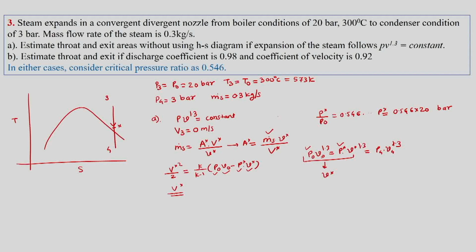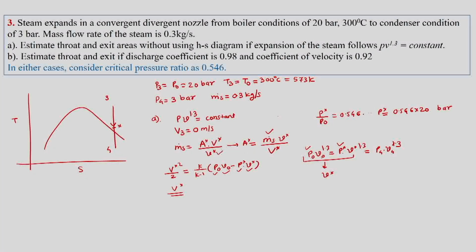This formula is basically telling that the change in kinetic energy is leading to the change in specific volume due to the expansion, as P V raised to 1.3 is equal to constant. Knowing this, we can put in the specific volume and velocity star, and A star can be found for the given mass flow rate. This is how we can find the throat's area.